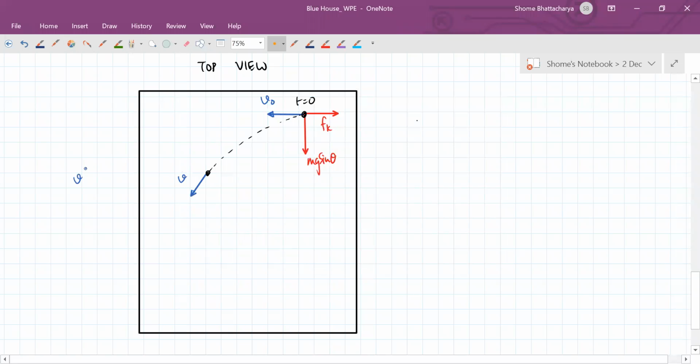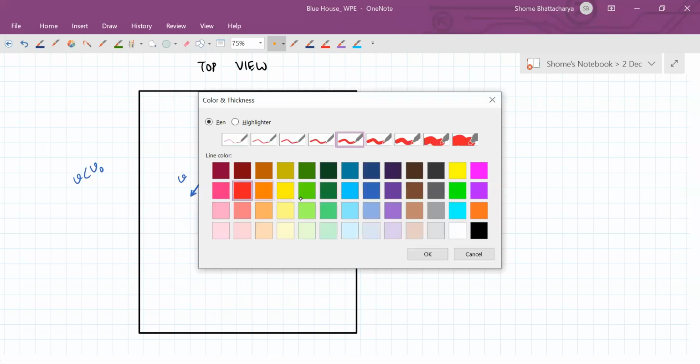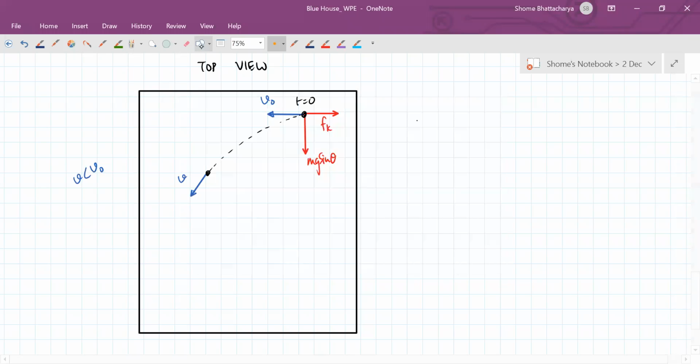And this v is now less than v naught because kinetic friction is acting, so continuously it is decelerating the body. The direction of kinetic friction will always be opposite to velocity. So our kinetic friction diagram is like this, whereas our mg sin theta will continuously act down the slope.